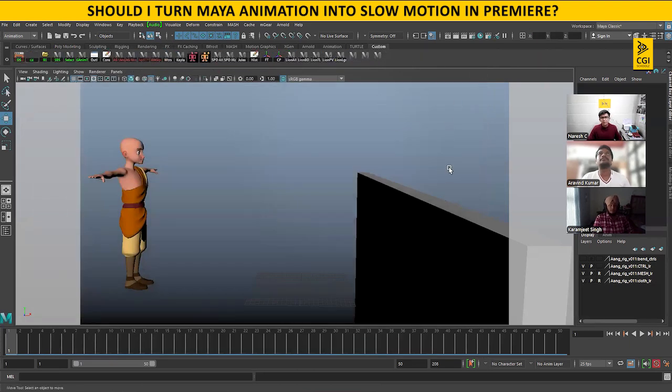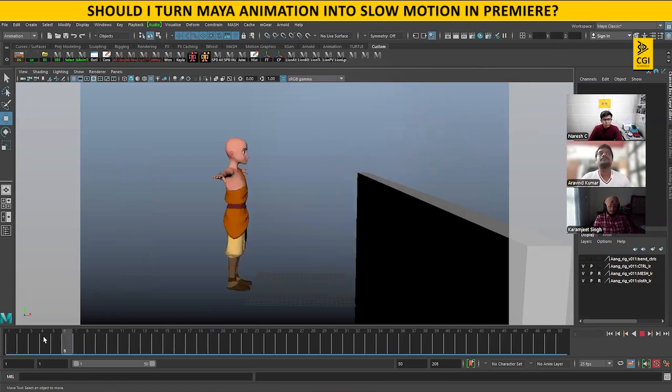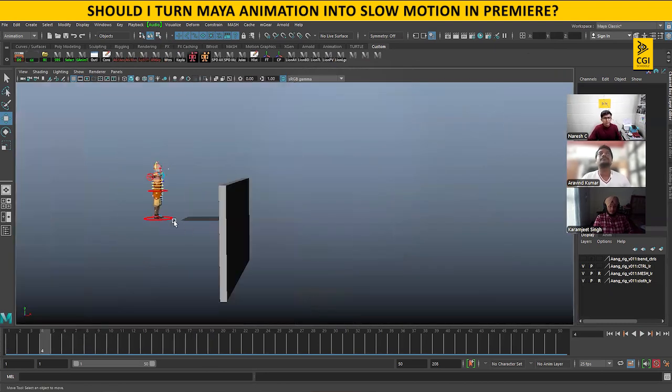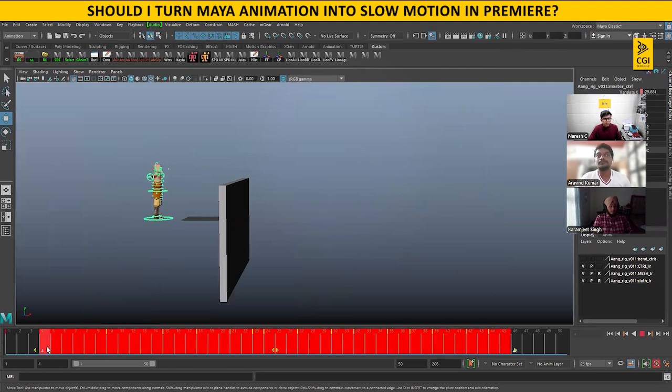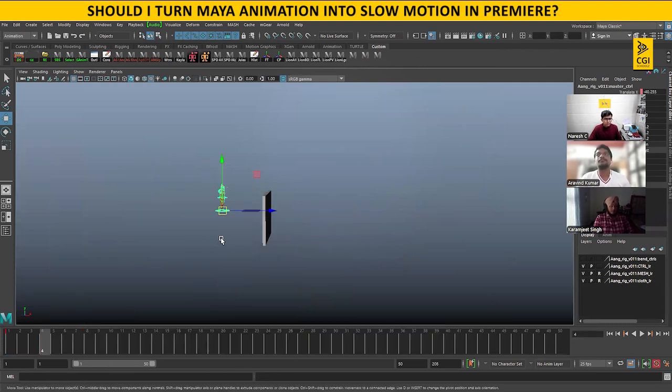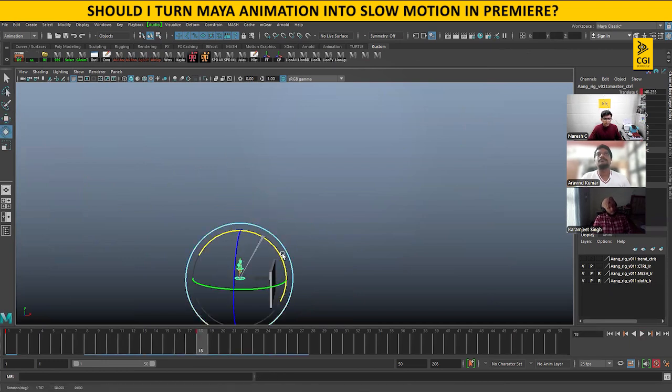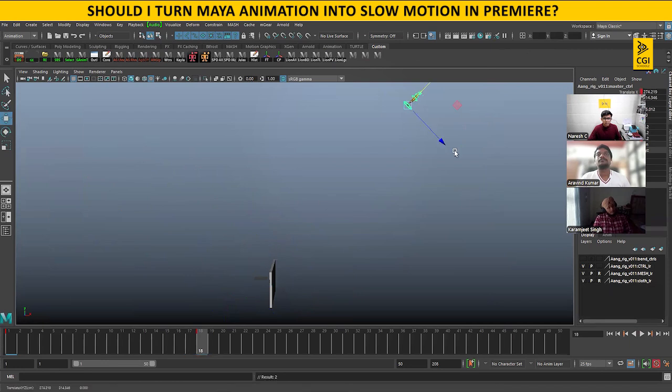And that is why when we do slow motion, we actually increase the frames. Suppose I'm only going with this spacing, but after 12, I want a slow motion.